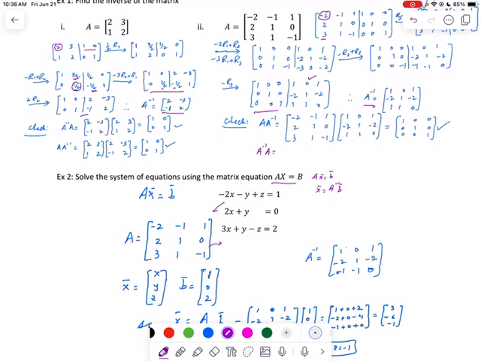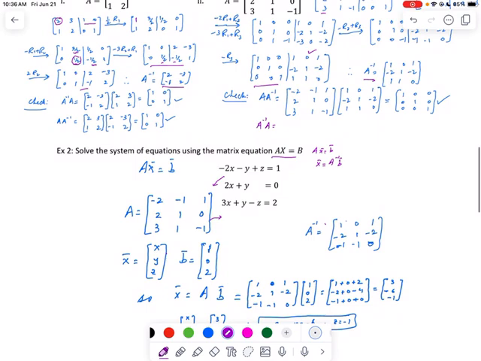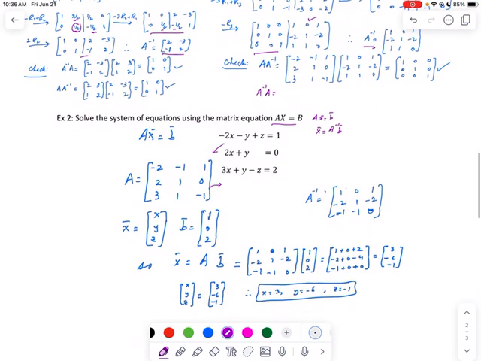So I'm just going to take that inverse over here directly, not redo the whole thing because it will be the same. So then use it like this. X is equal to A inverse B. So here is my inverse matrix, and here is my B matrix.